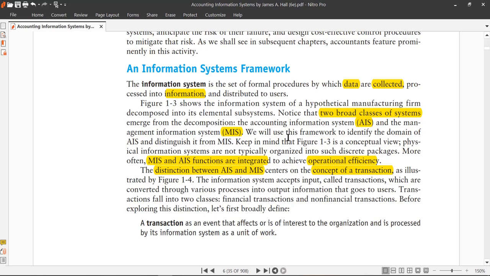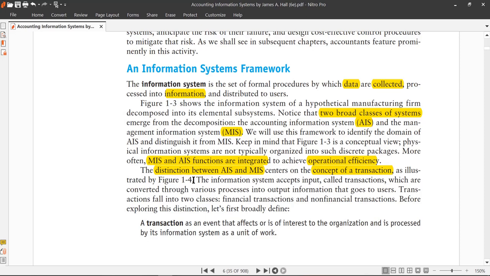Dito sa dinidiscuss natin, we are discussing two classes of system, which is the accounting information system, or AIS, and the management information system, the MIS. So, dun tayo magpo-focus. And then, ang sabi, AIS tsaka MIS, itong dalawang to ay pinapagsama or ini-integrate to achieve operational efficiency.